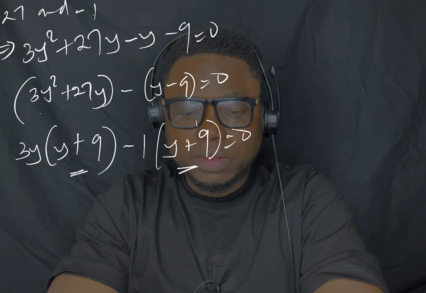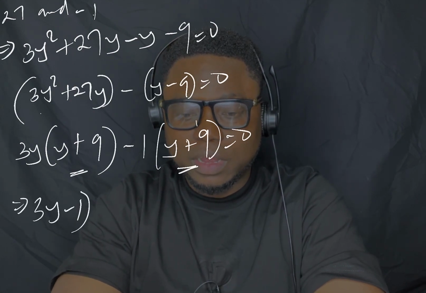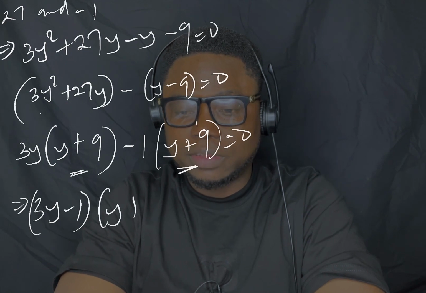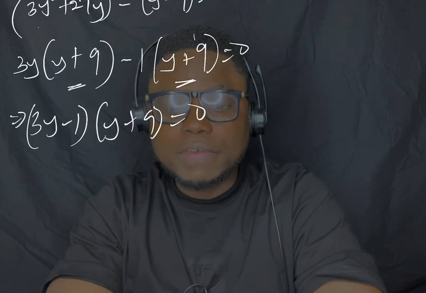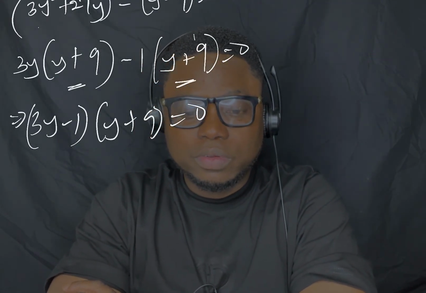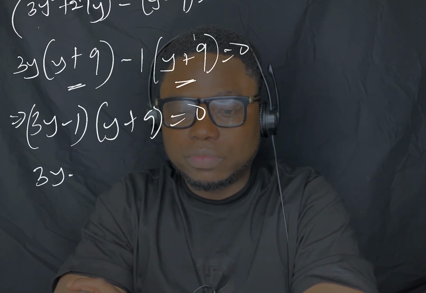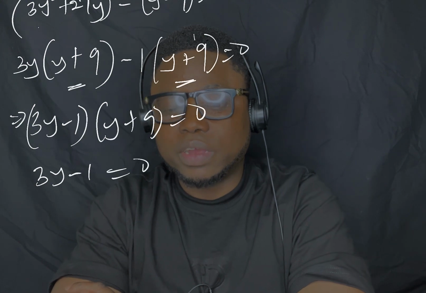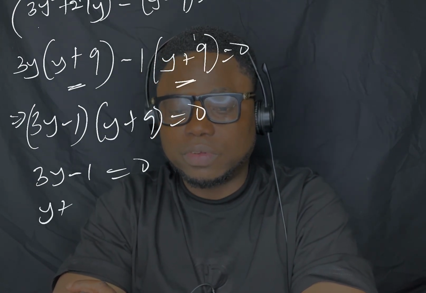So I'm going to pick 3y minus 1, and y plus 9 is equal to 0. In this case, I'm going to find the value of y in each of the brackets. So this is going to be 3y minus 1 is equal to 0. I will equate each bracket to 0. And this is y plus 9 is equal to 0.